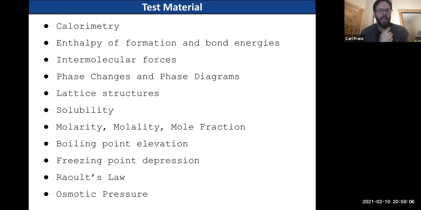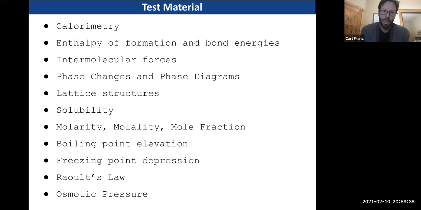This is the list of things that I think are important for you to be familiar with as you're preparing for the exam. We talked about calorimetry. We talked about calculating enthalpy of formation and how you can do that using the change in enthalpy values, as well as looking at bond energies.